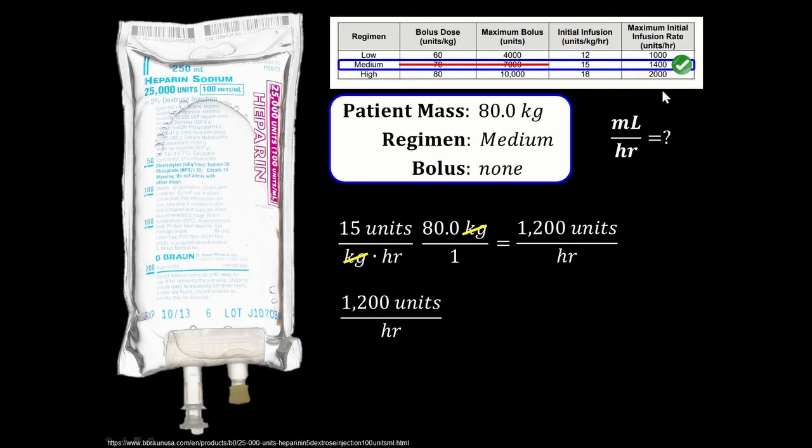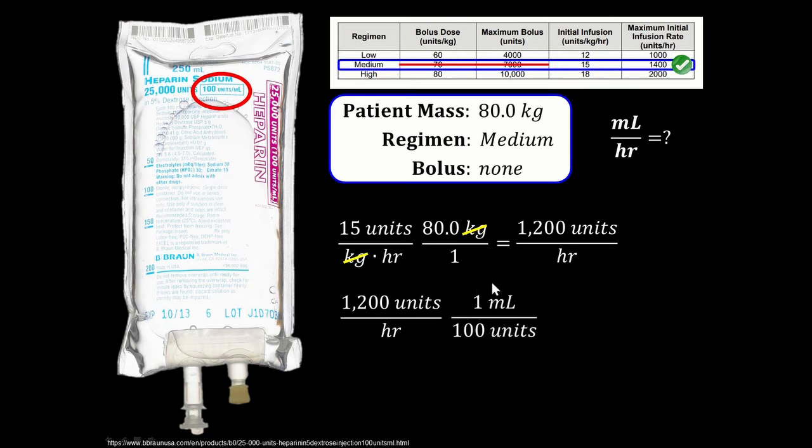And I remember I'm still trying to get it into milliliters per hour. Well, I see this box here, and it says that this has a concentration of 100 units of heparin per milliliter. So 100 units per milliliter is the same thing as 1 milliliter per 100 units. Okay, so either this is equal to this or this is equal to that, same thing.